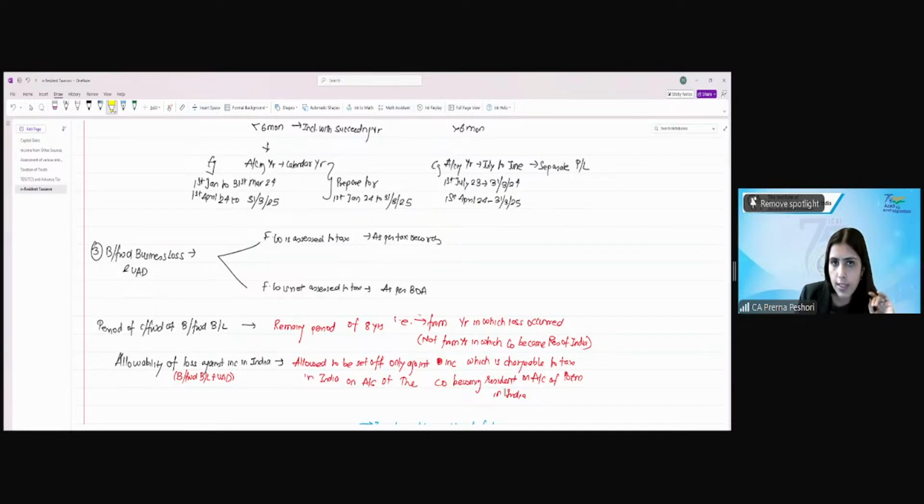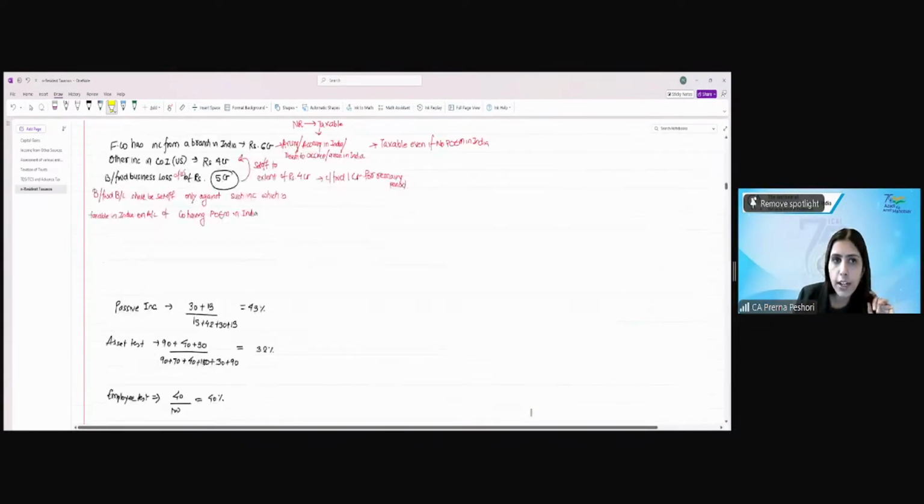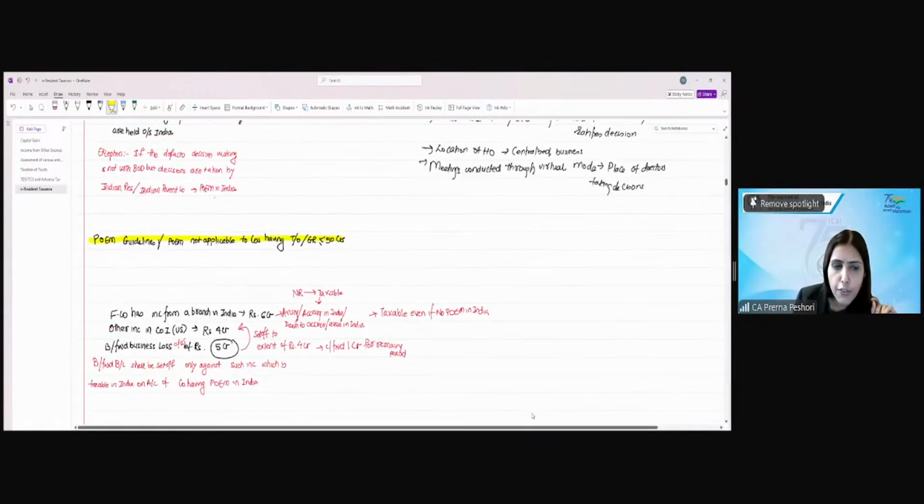So what the law says is, we will only allow the set off of this loss against the income which we are taxing here in India because you have now the POEM in India.